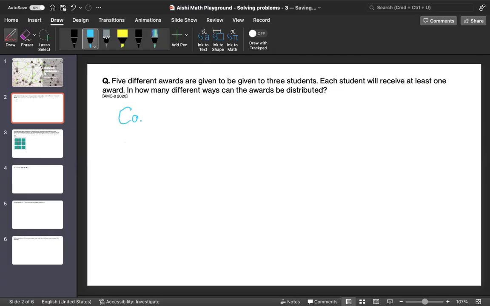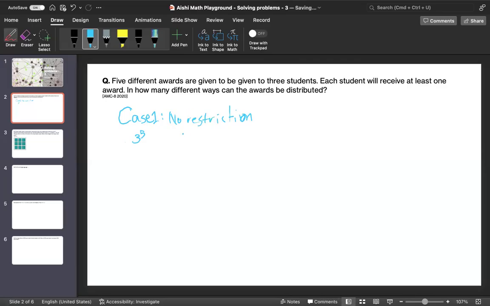So, case 1, let's call this no restriction, which is basically the total number of ways. We have 3 to the power 5 because every student can receive an award in 5 different ways.